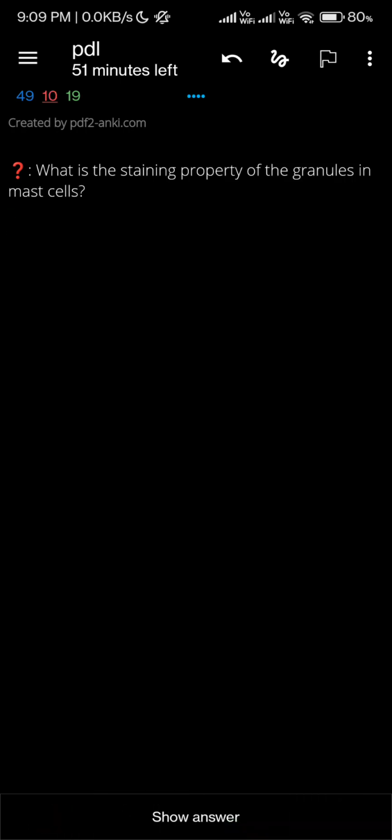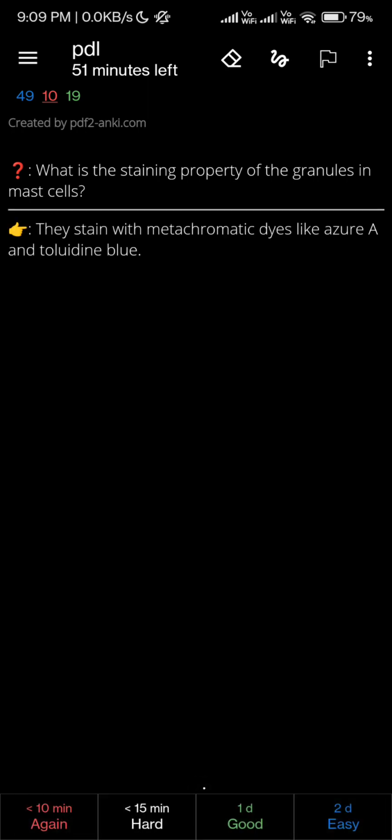Scleroderma is the hardening and thickening of the skin and connective tissue. What is the staining property of granules in mast cells?